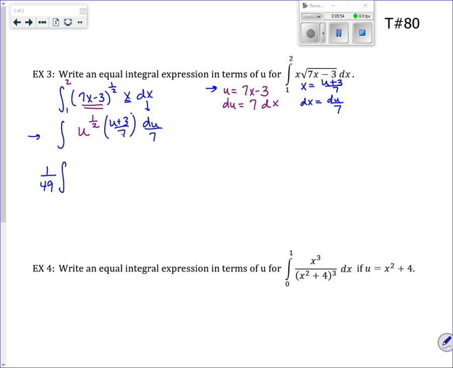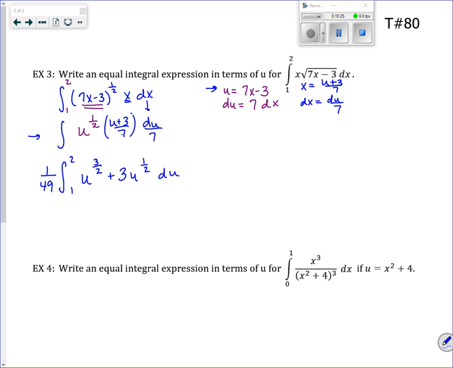And then I have a u plus 3 times u to the 1/2. So I'm going to distribute that out, because they would. I would have u to the 3/2 plus 3u to the 1/2 du. Now hopefully you're with me to there. But here's the deal, sweet friends, don't write this. I promise you there will be an answer choice that looks like this, and it is incorrect.